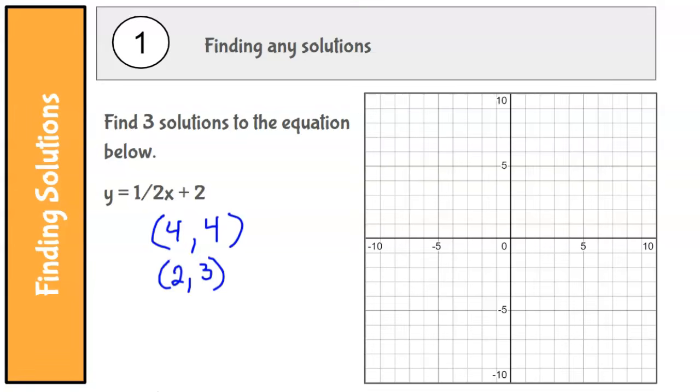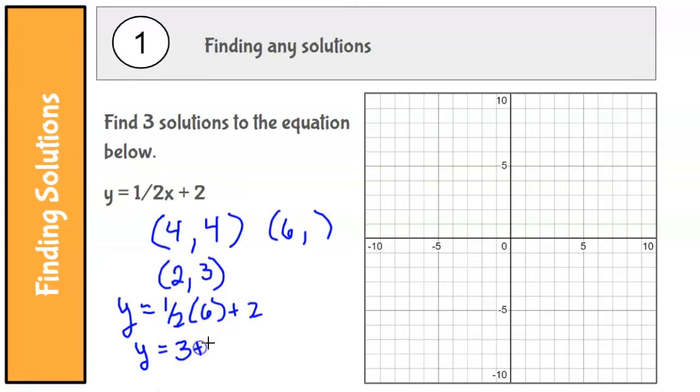How about, let's do 6. So over here, I'm going to write my 6, and I've got to figure out what y is that will make this equation true. So 1/2 of 6 plus 2, y equals 1/2 of 6 is 3, plus 2 is 5.